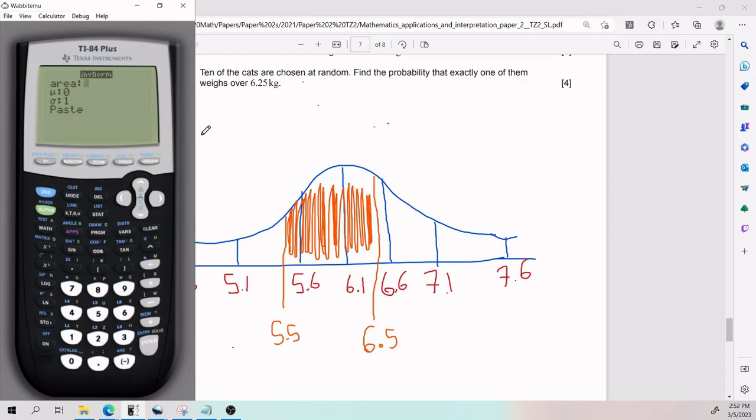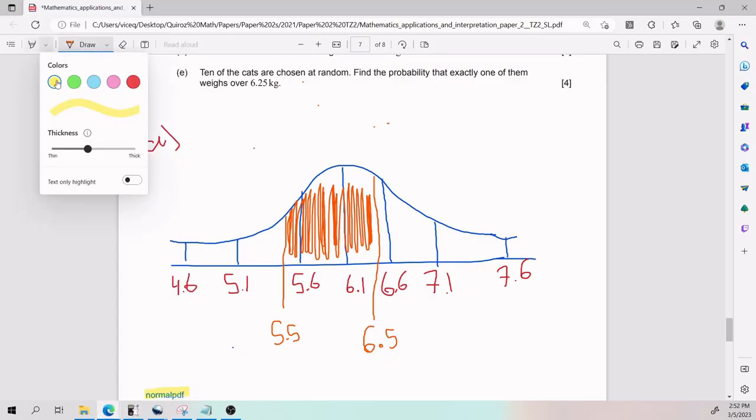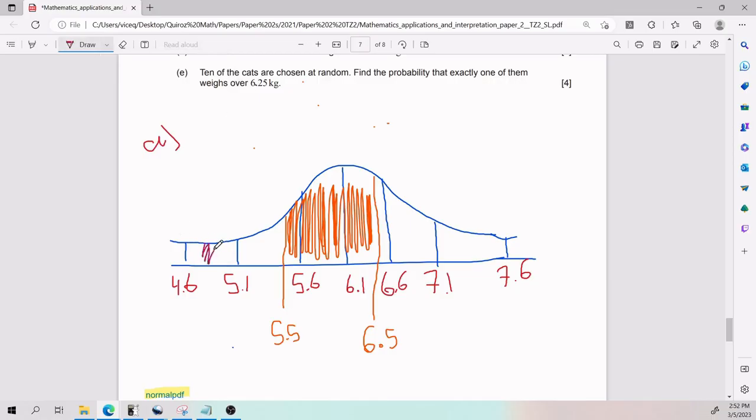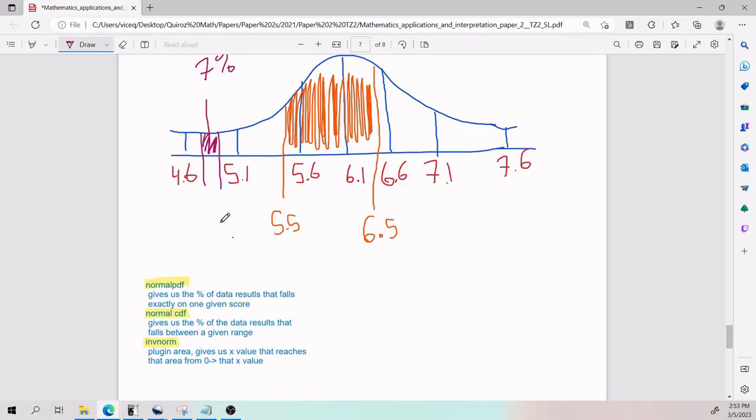And so inverse normal works a little bit backwards, right? You give an area, say that I know, I don't know, that this here is 7%, but I don't know what this value is or what this value is. Inverse normal can help you figure that out, okay?